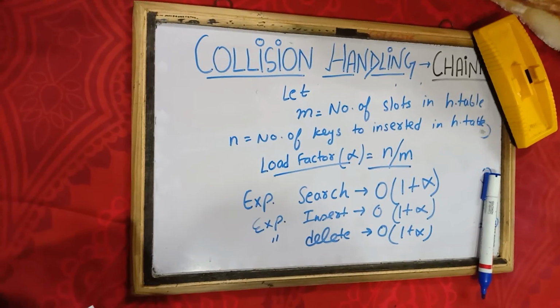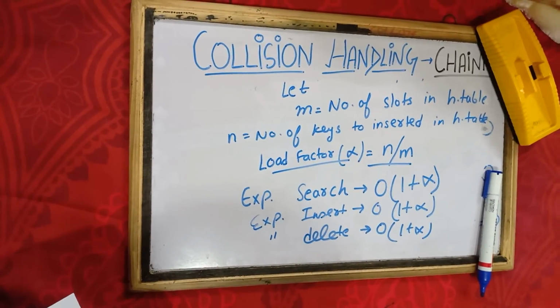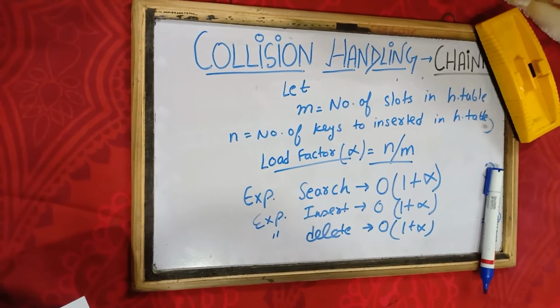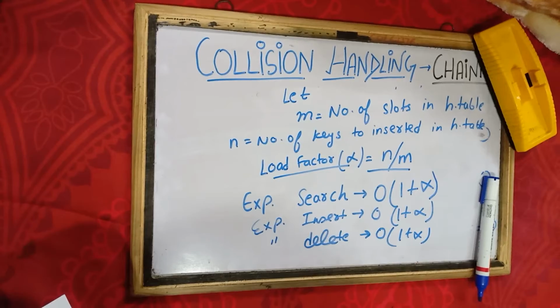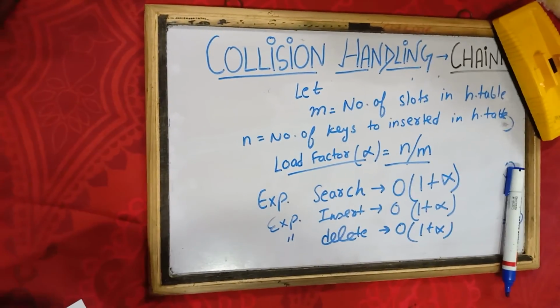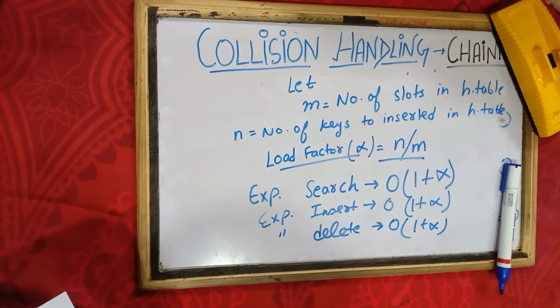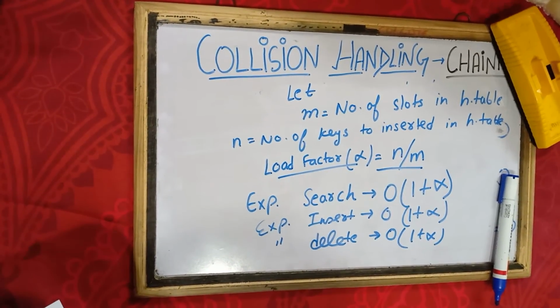But chaining has its own disadvantages. First and foremost, cache performance of chaining is not good as we are using a linked list to store keys. Also, there is wastage of space as some parts of the hash table will never be used.